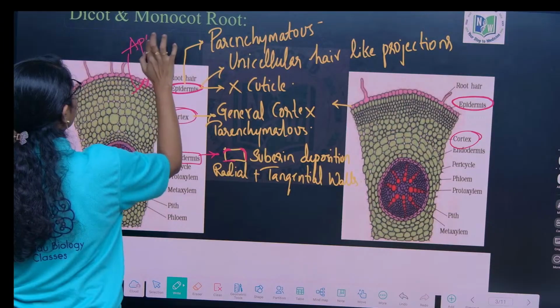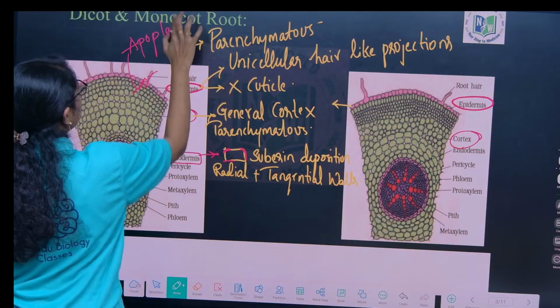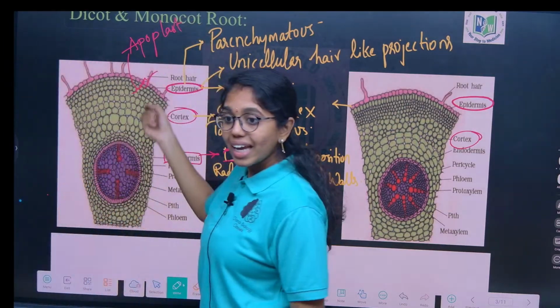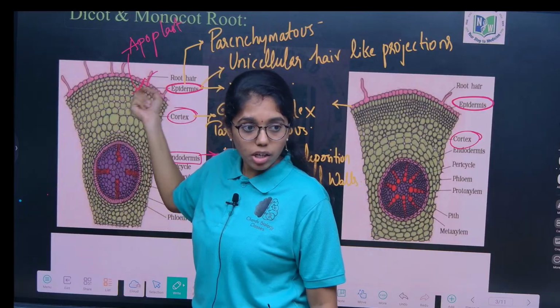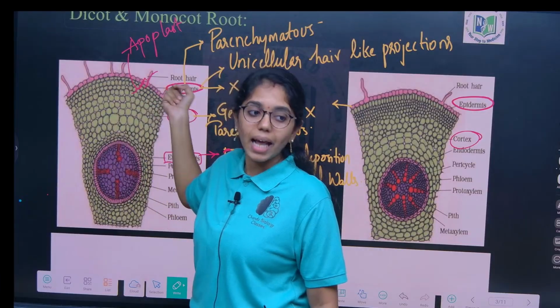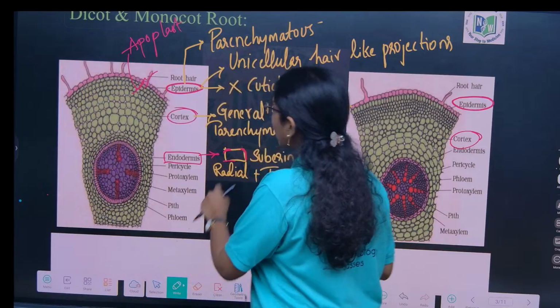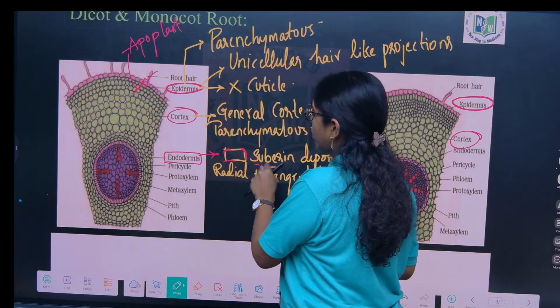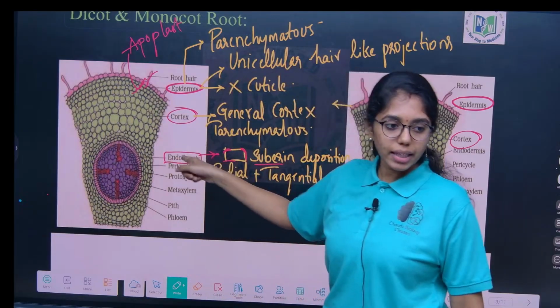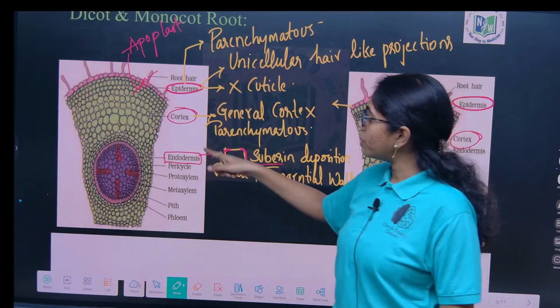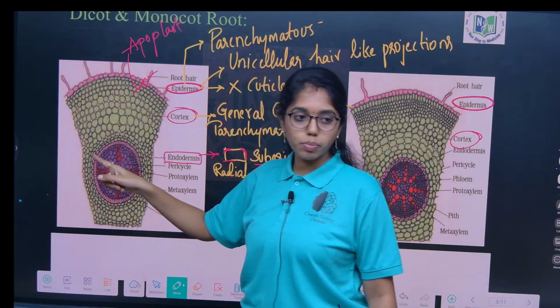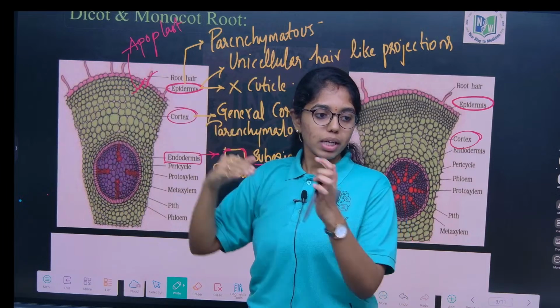Apoplastic movement. And the movement of water and minerals in the cell is called as what? Symplastic movement. As here in the radial and tangential walls, suberin deposition is there in the endodermis. From endodermis, only symplastic movement is promoted and apoplastic movement is inhibited.